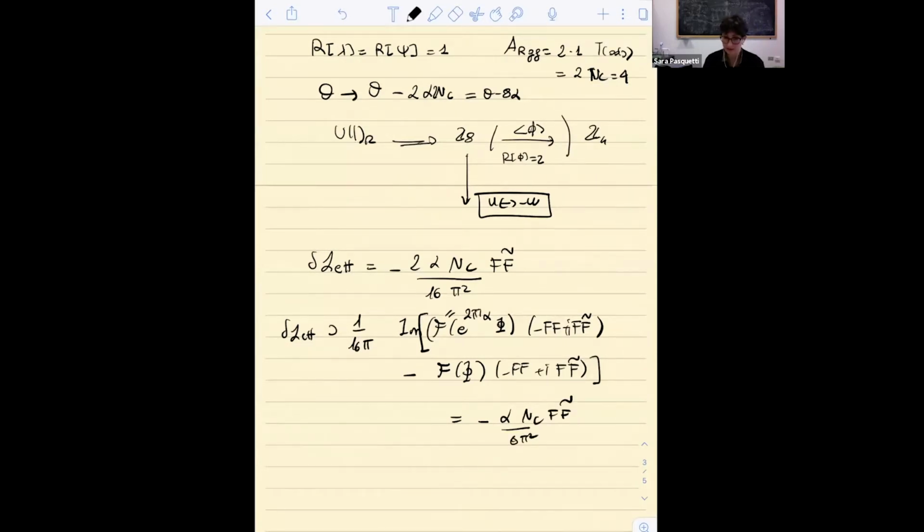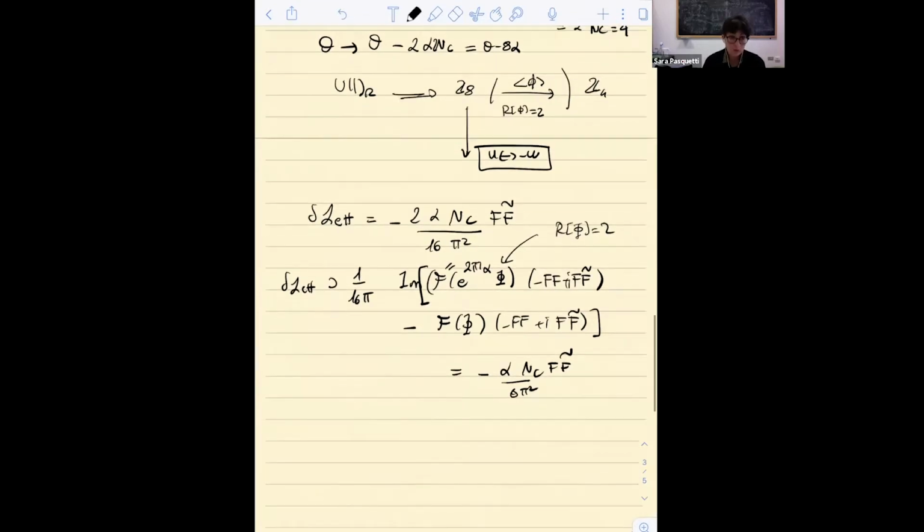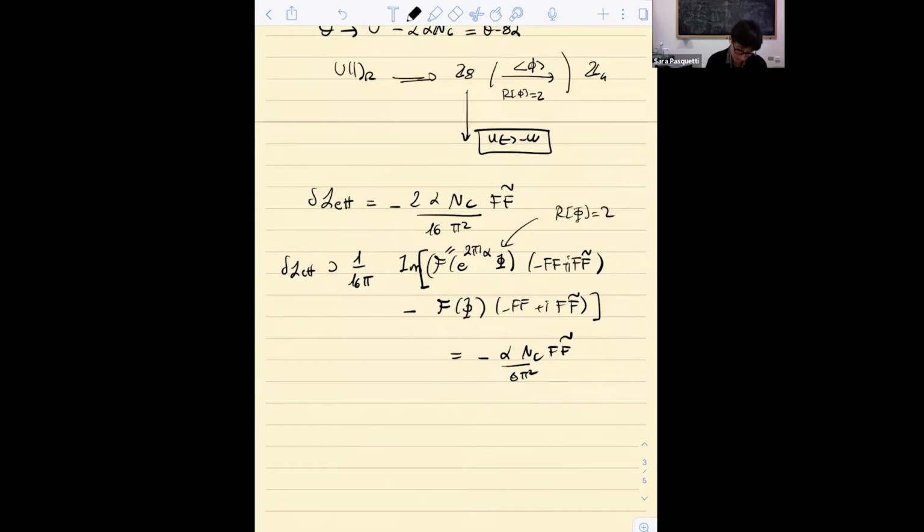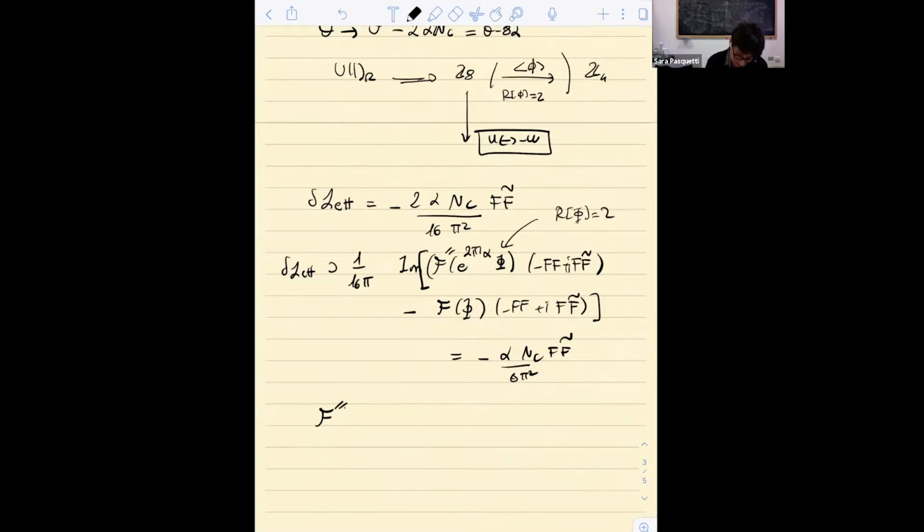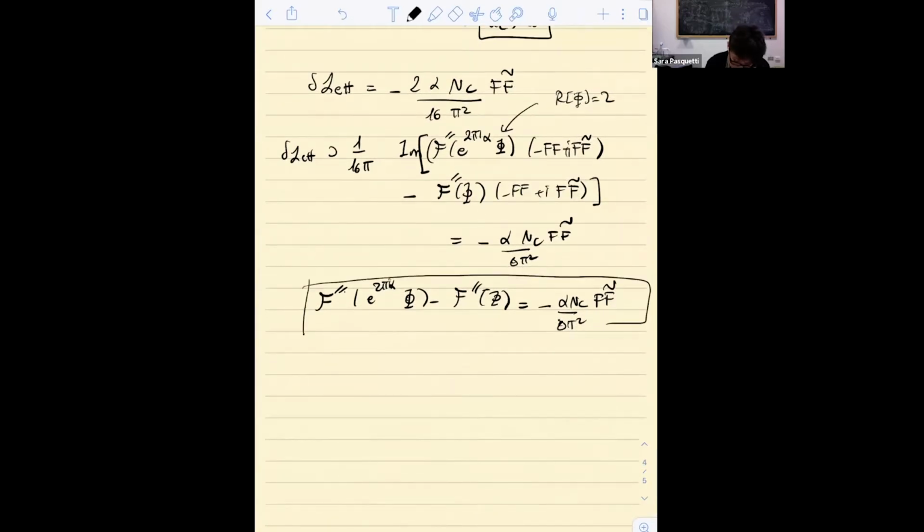I'm keeping N_c generic. This argument works for generic rank. So you understand, this means that phi is rotating with R charge 2. So this basically is an equation for the prepotential, right? Because then I see that the second derivative of e to the 2 pi i phi minus phi is equal to minus alpha N_c over 8 pi squared F F tilde. So I can try to solve this equation.